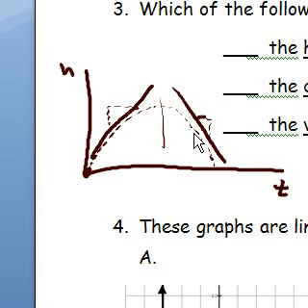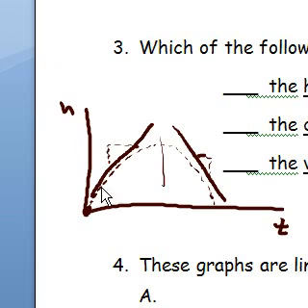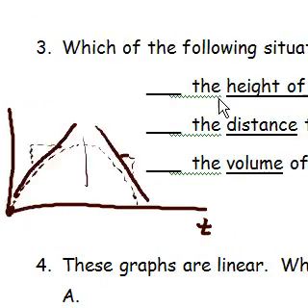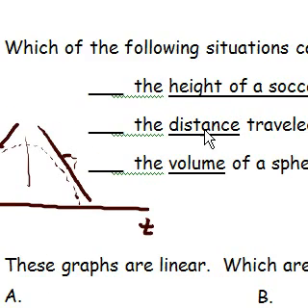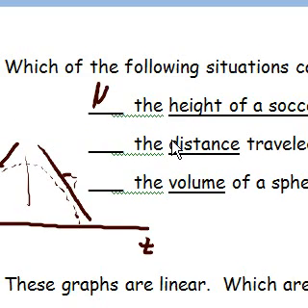So the rate is positive, and then on this side as the soccer ball is coming down, it's negative. So we can immediately say that the height of a soccer ball after it's kicked is not a linear function. I'll just write no right there.